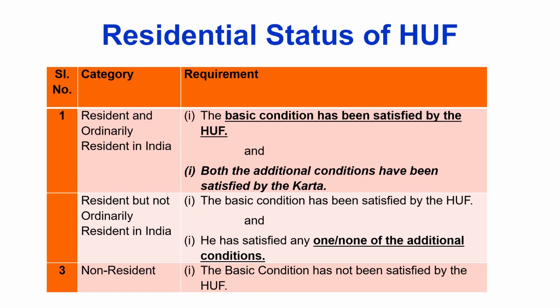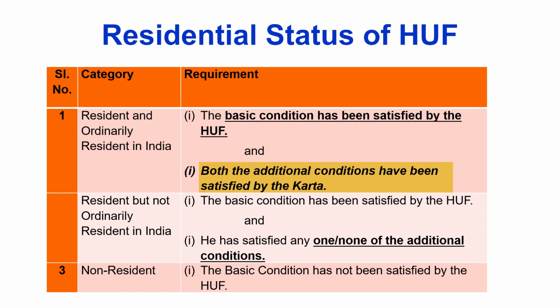Here, to be resident and ordinarily resident in India, the basic condition has to be satisfied by the HUF, and both the additional conditions have to be satisfied by the Karta.